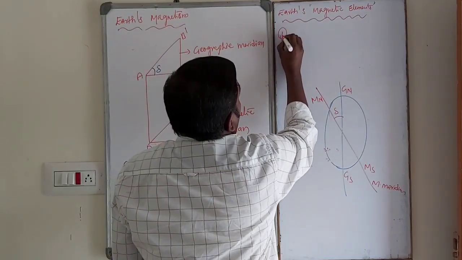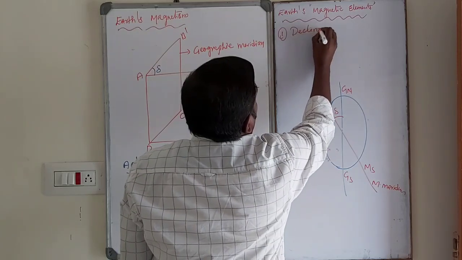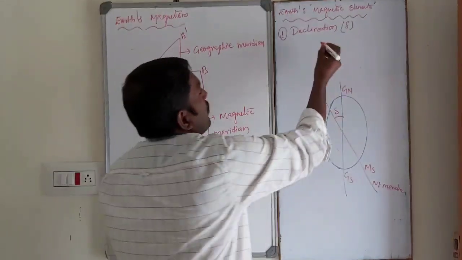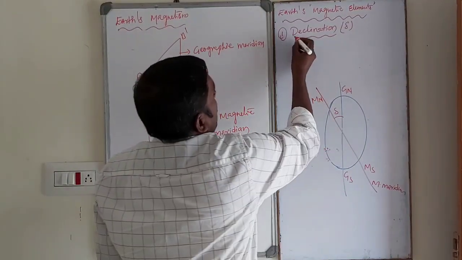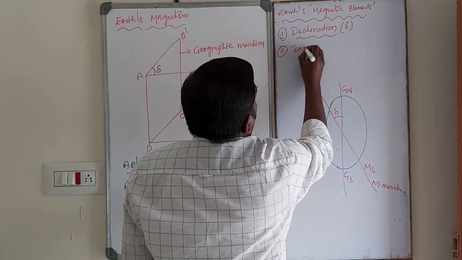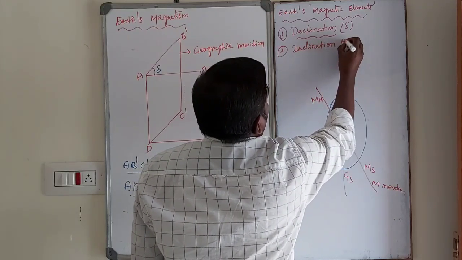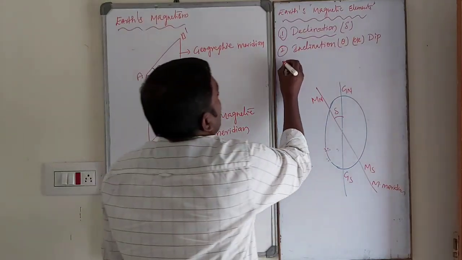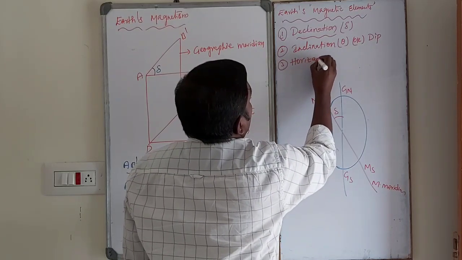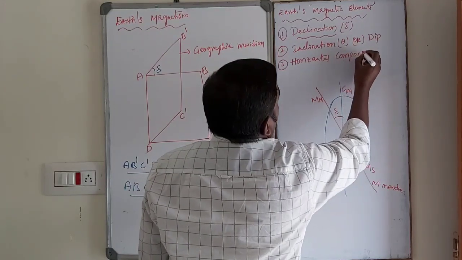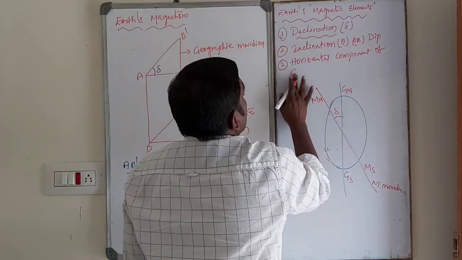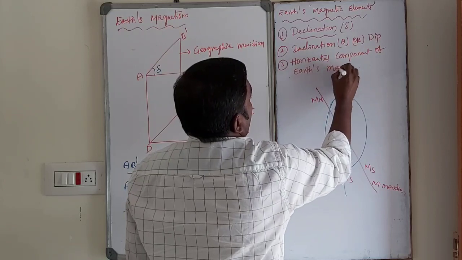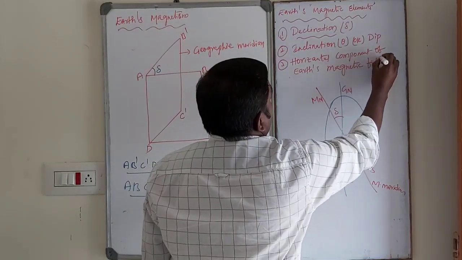They are declination, representative letter delta. Some books use theta, but here it is delta. You can represent it with any letter you like. So declination is the first one. The second one is inclination or dip, theta. And the third one is the horizontal component of Earth's magnetic field, represented by letter BH.